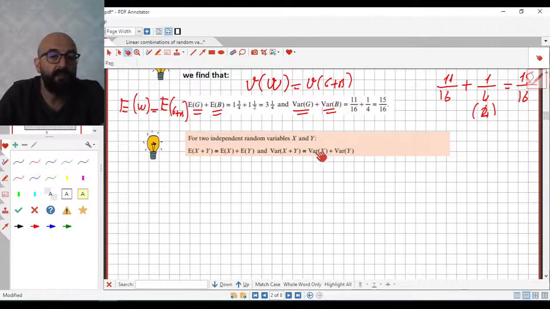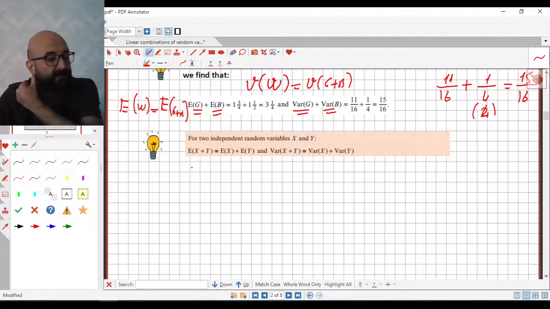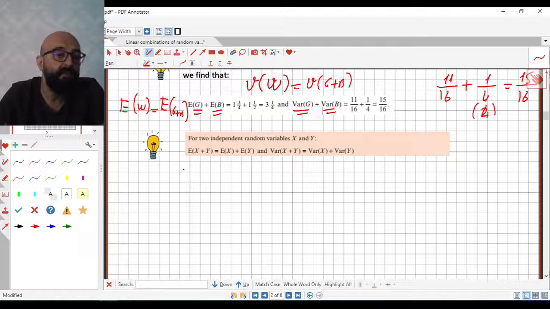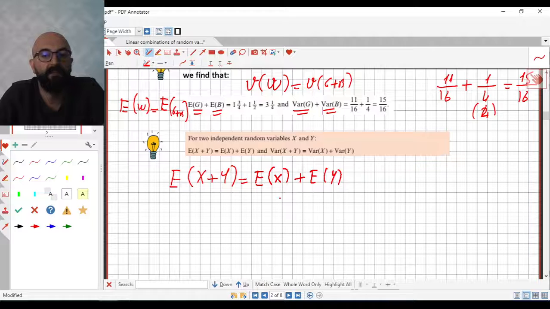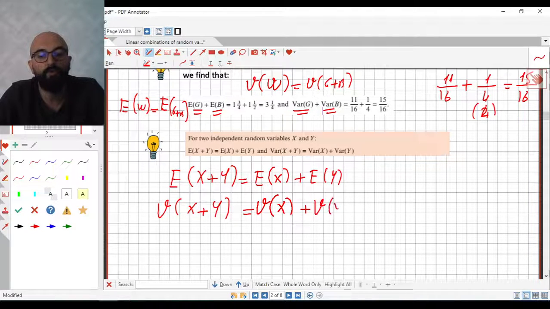Now, if we have two independent random variables X and Y, the expected value of their sum is the expected value of X plus the expected value of Y, and the variance of X plus Y is the variance of X plus the variance of Y.